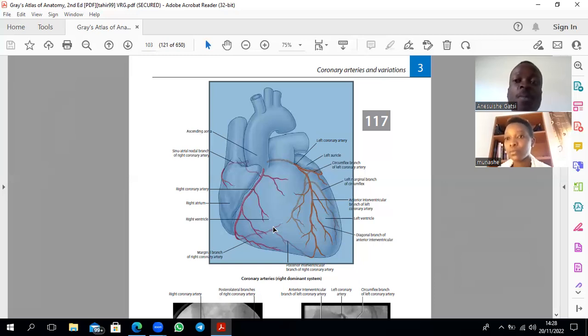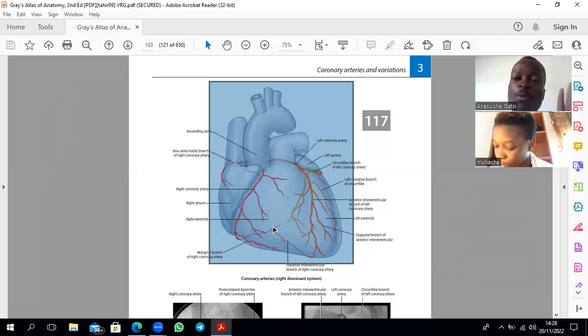The SA node, however, is the pacemaker. Most of the blood for the SA node comes from the right coronary artery for most people. But for about 35%, and you also need to cross-check with your text, they come from the left coronary artery. There is variation between people.